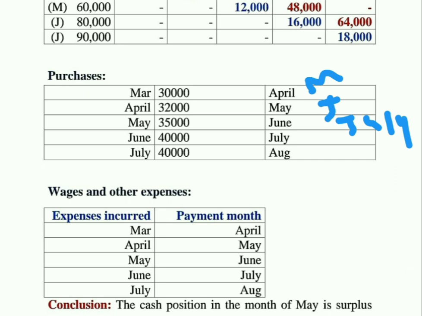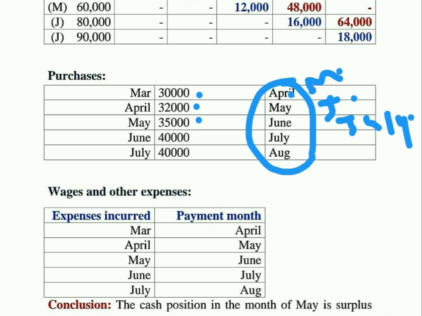So 30,000 will be paid to the creditors in the month of May, 32,000 will be payable to the creditors in the month of June, and 35,000 payable to the creditors in the month of July. So 30, 32, 35,000: May, June, July. Here actually a wrong entry was made, so that is why I wrote May, June and July.